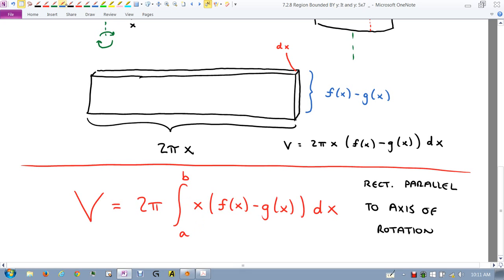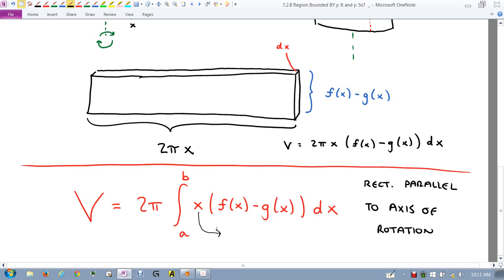So maybe now's a good time to do this. This x is a little misleading, isn't it, in the formula? That's actually not always going to be x, is it? What's that always going to be? How do we want to say what that is so that we go back and we understand? I mean, what is it?